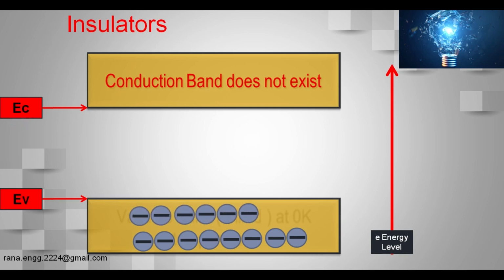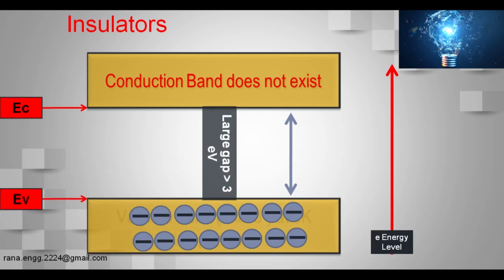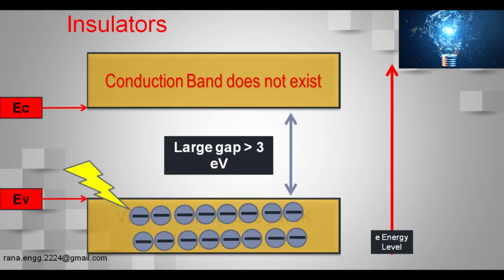Now, I have the valence band of the insulator full of electrons. If I apply some kind of force on these particular electrons, then also I am not going to get any electron for the movement. So, what I say is there is a virtual, large gap between the valence band and the conduction band.